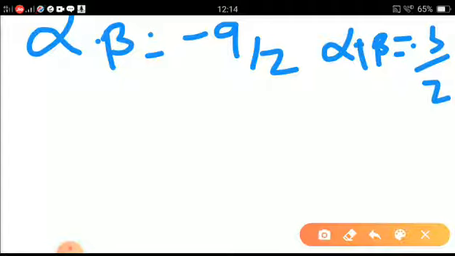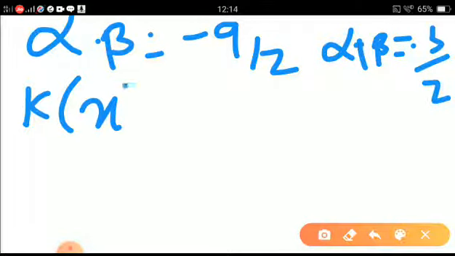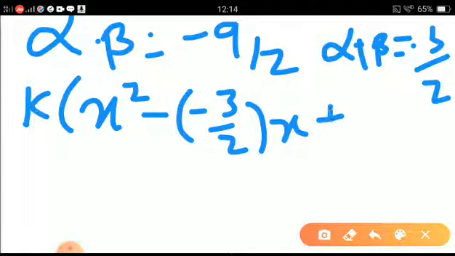So what was the equation, that polynomial for sum and product? Yes, it is k into x square minus alpha plus beta x plus product. What is alpha plus beta here? Minus 3 by 2. So it will be minus of minus 3 by 2 x plus product, which is minus 9 by 2.